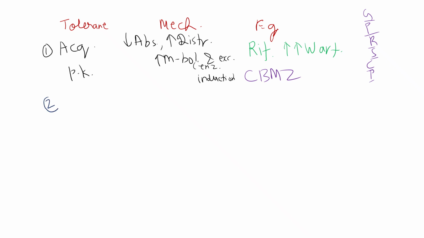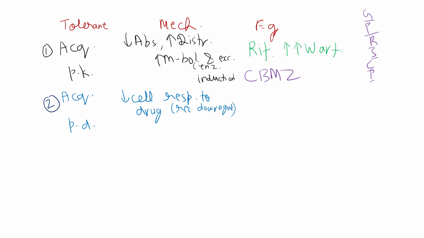Then the second one which we are discussing here is acquired pharmacodynamic tolerance. Decreased cellular response to the drug. Receptor downregulation. Unchanged plasma drug concentration relative to naive state. This is seen in the case of chronic opioid use.